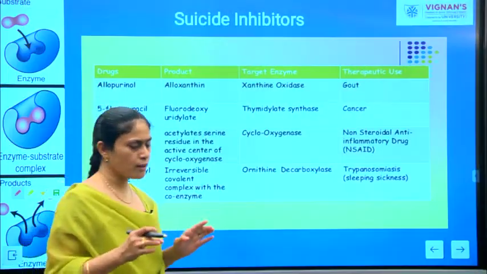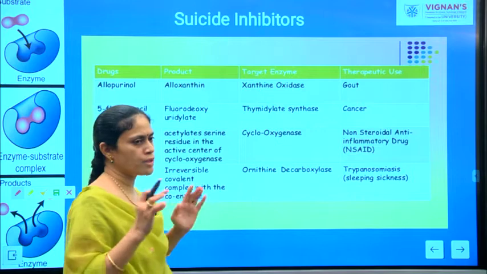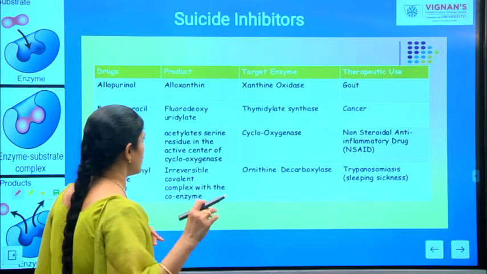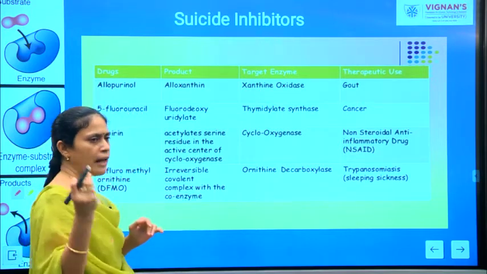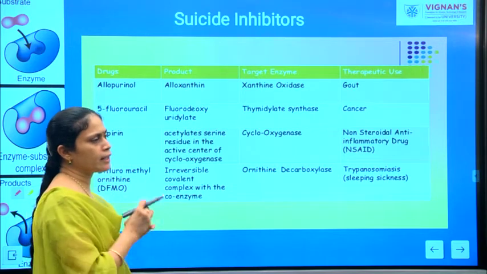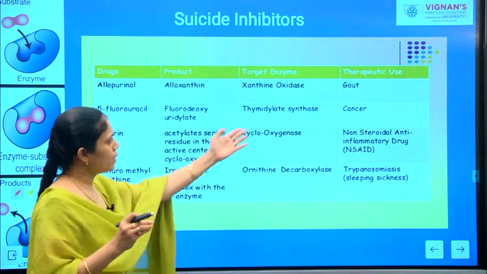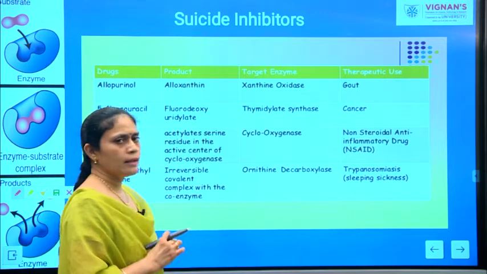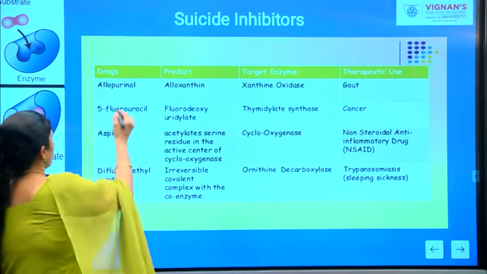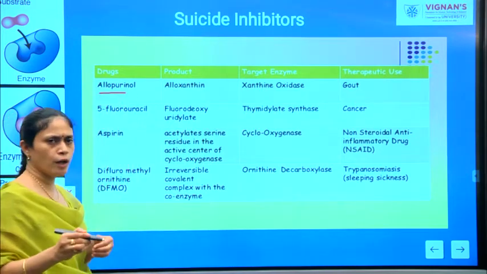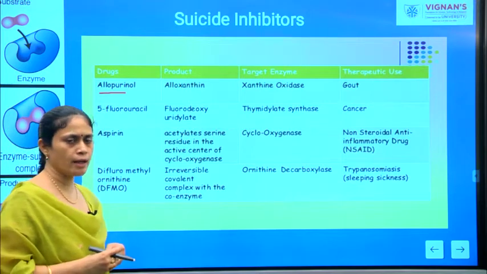We will check various compounds that are acting as inhibitors, and the inhibition action of these particular compounds is useful in the therapeutic sector. One such drug is your allopurinol, which we have discussed right now.